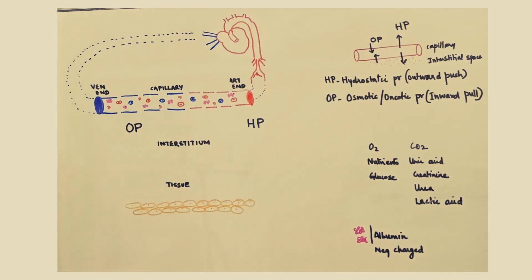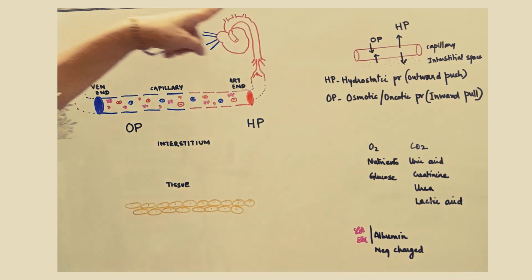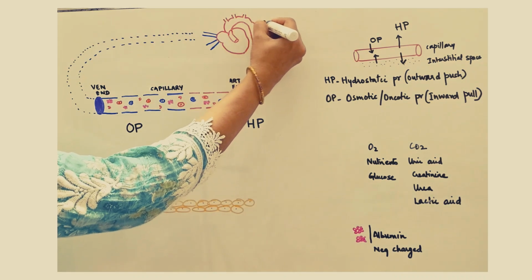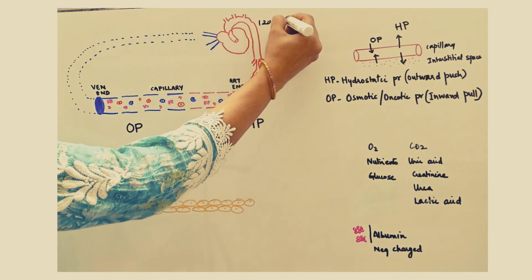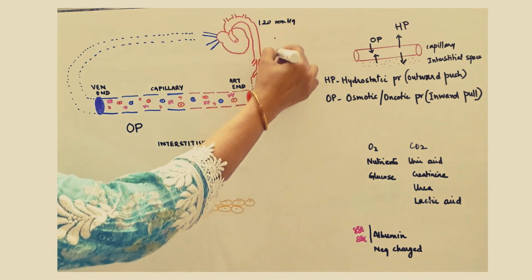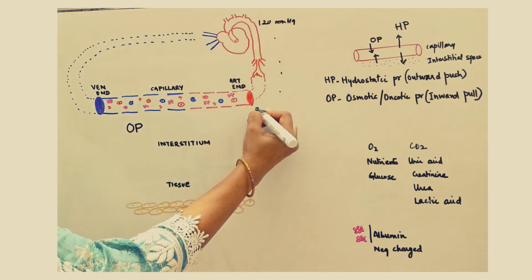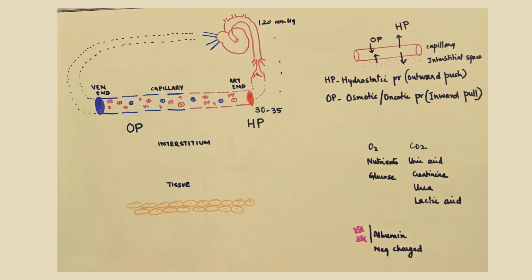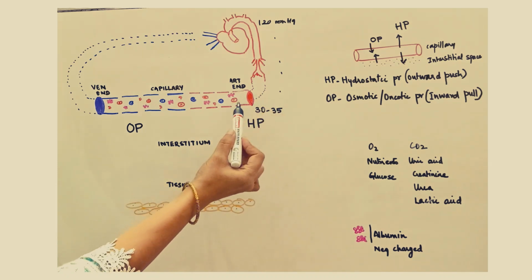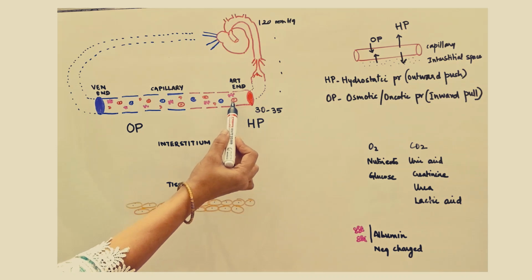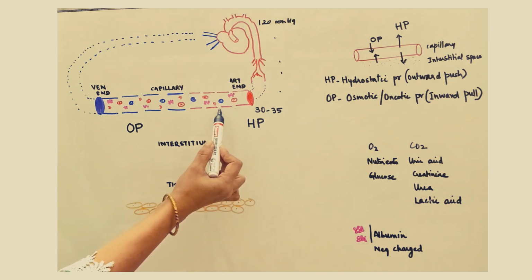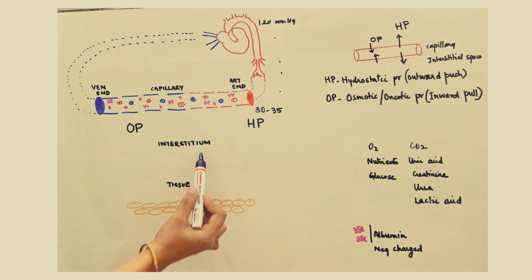Now we all know blood pressure at the aortic level starts at 120 mm mercury. And by the time it reaches the capillaries at the arterial end, it drops to about 30-35 millimeter mercury. The 30 millimeter mercury pressure pushes oxygen, nutrients and water out of the capillaries through the intercellular cleft into the interstitial space.